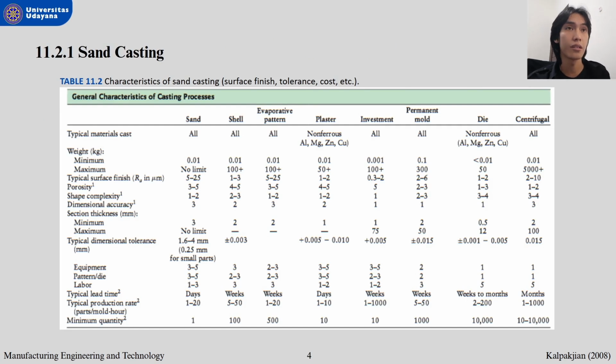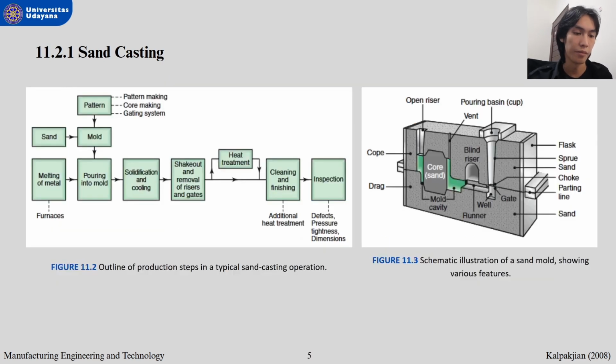You can see on table 11.2 the characteristics of sand casting: surface finish, tolerance, cost, and so on. Next, you can see figures 11.2 and 11.3.